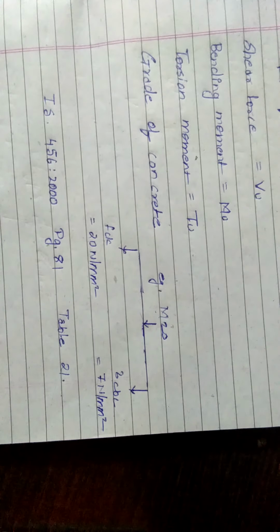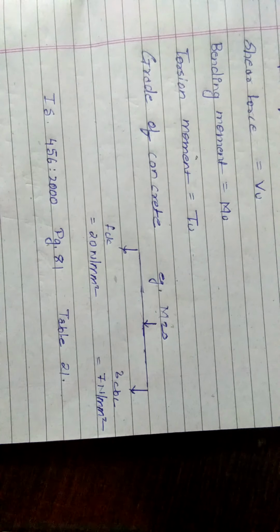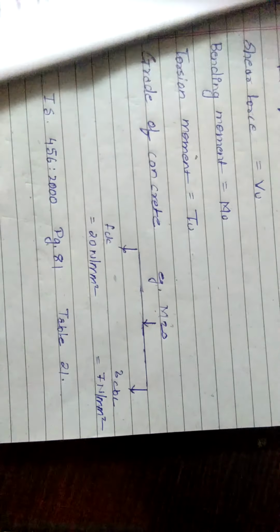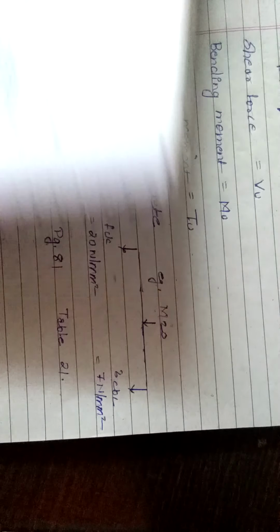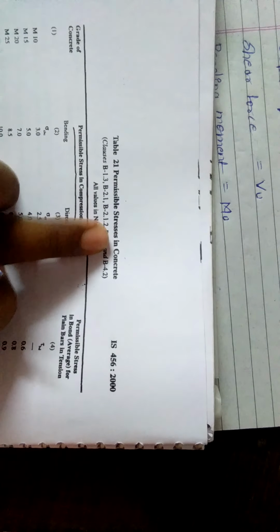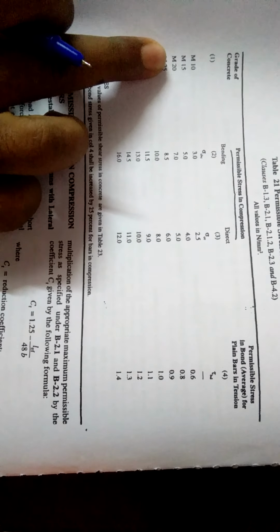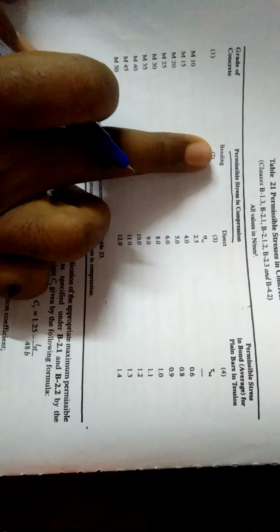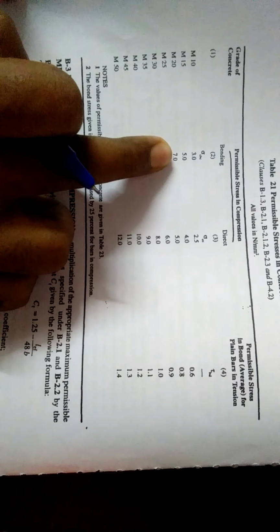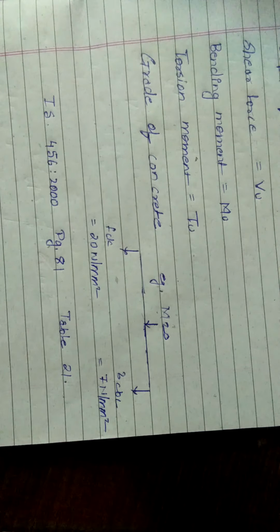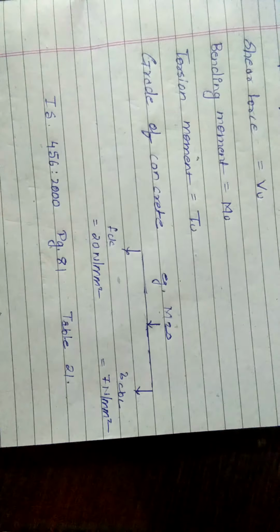In that table we will get the value of sigma CBC. I will show you. See the permissible stress in concrete. For M20, under bending, the value is 7.07 Newton per mm square. Up to here it is clear.